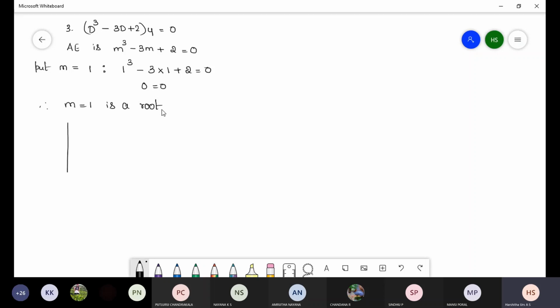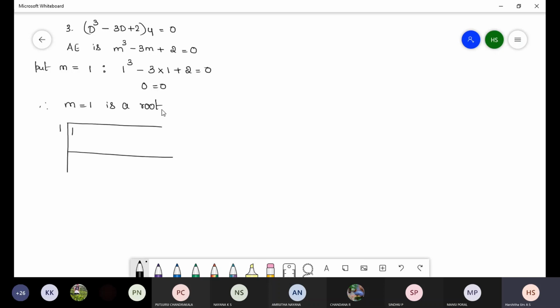Now, use the synthetic division method. How do we write the synthetic division? First, we have to write the root for which the equation is satisfied. That root we have to mention. Then, the equation starts from the third order, so the coefficient of this third order is 1.